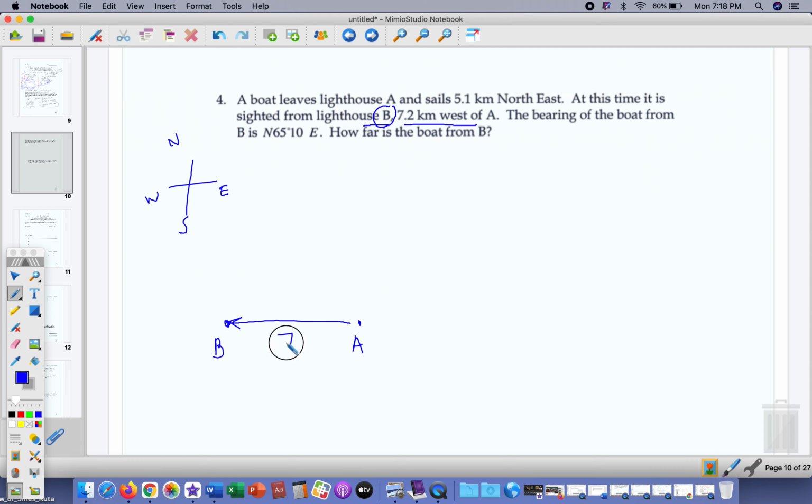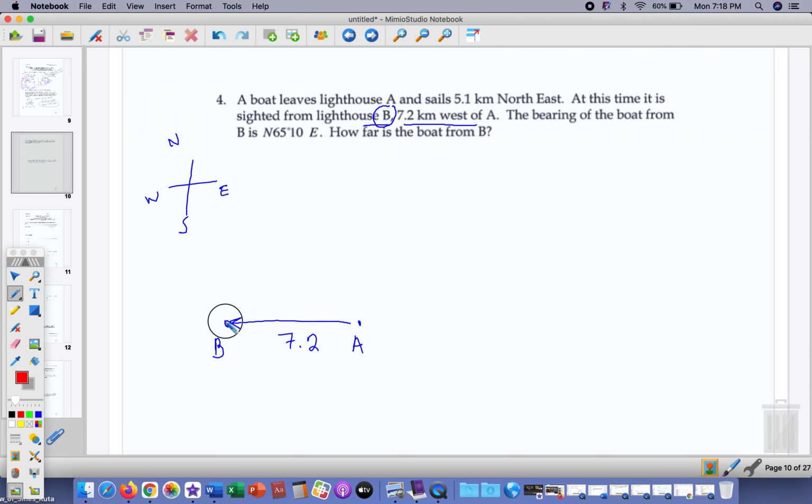And we know that the distance between the two is 7.2. Then it says the bearing of the boat from B is 65 degrees 10 minutes east of north.